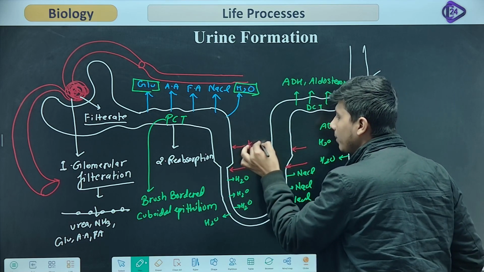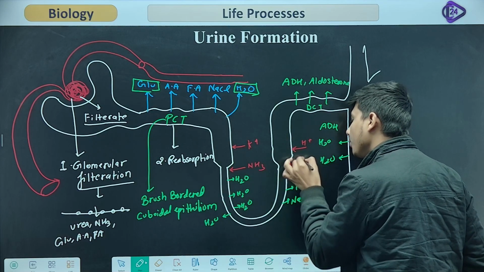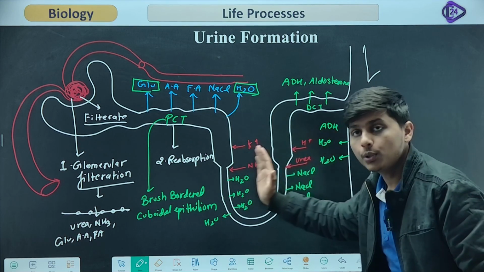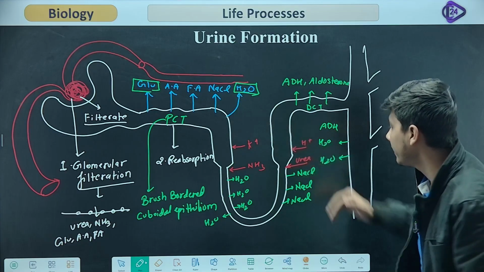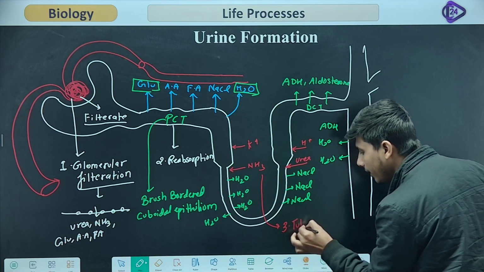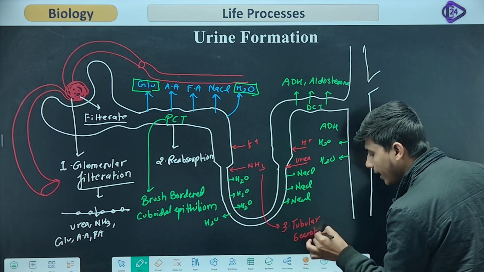What? K plus, ammonia, H plus, urea, all these things get secreted into the nephron from the blood to maintain the ionic balance of the blood. This step is called tubular secretion.